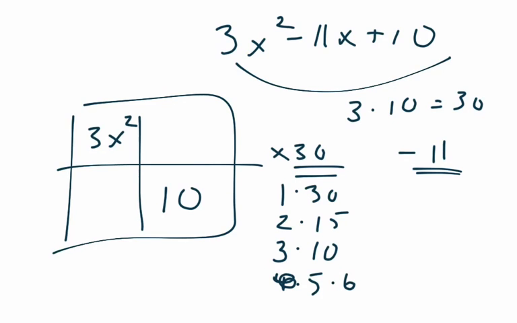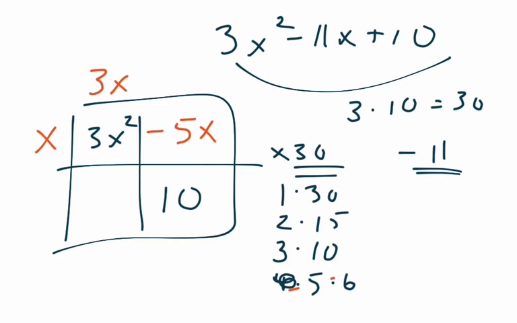There we go. So if they're both negative, so negative 5 times negative 6 gives me positive 30, and negative 5 plus negative 6 gives me negative 11. So I'm just going to go ahead and grab the negative 5x. And I like that because my GCF is just the x right there.